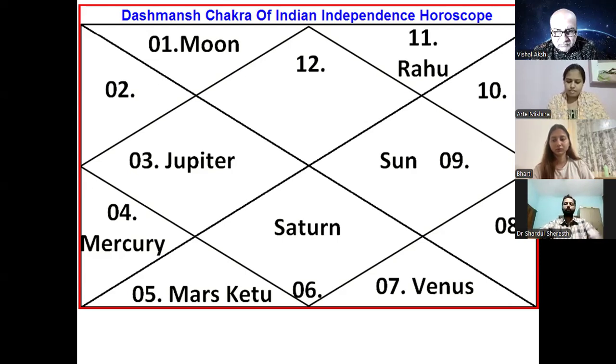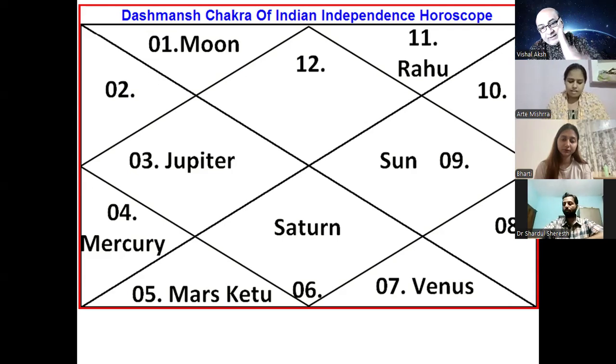And second, India's annexation of Goa in 1961, which is a good effect. Because Saturn also gets Digbal, the entire result was not bad. Saturn gets Digbal in the 7th house.